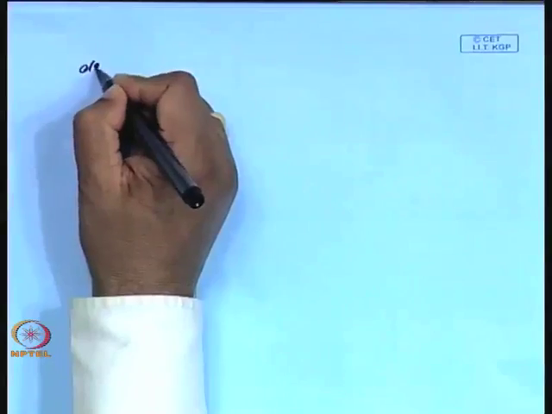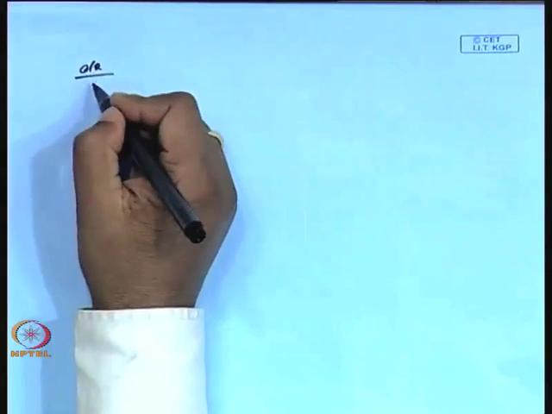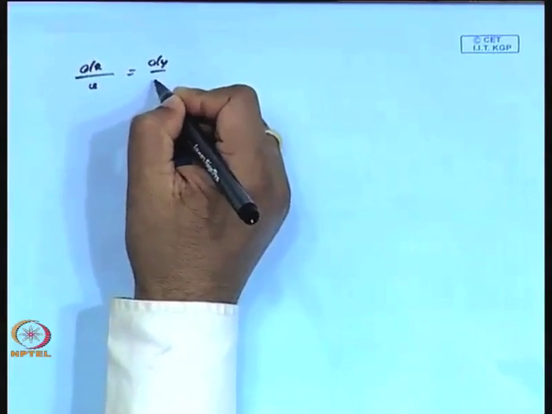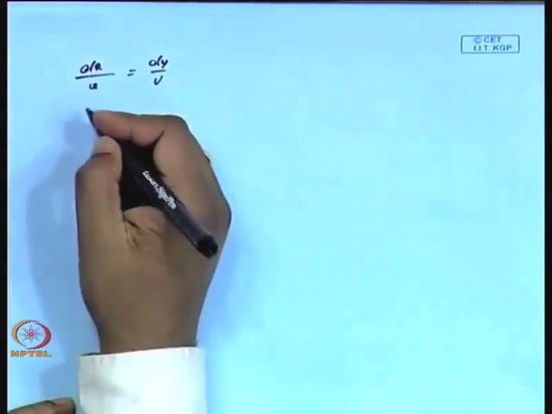To find the streamlines, what will we do? The equation of the streamlines is dx by u equals dy by v.